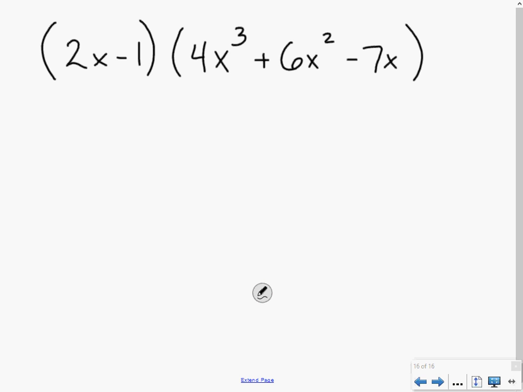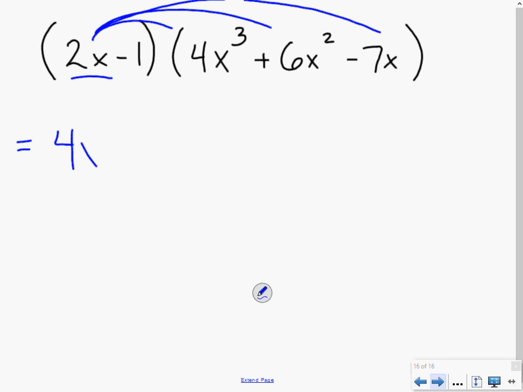Okay, so how can we apply what we've been doing to this type of problem? Well, it really doesn't change all that much. The only difference here is when I distribute my 2x, I have three things that I need to distribute to. And when I distribute my negative 1, it's going to all three of those things as well. So it's just a little bit bigger problem. The process stays the same.